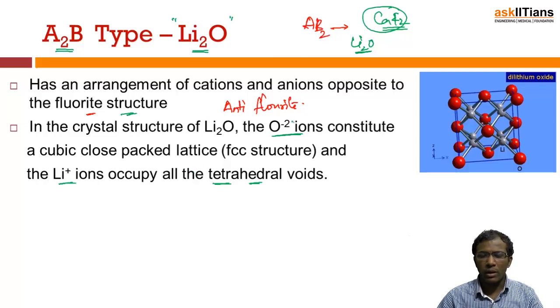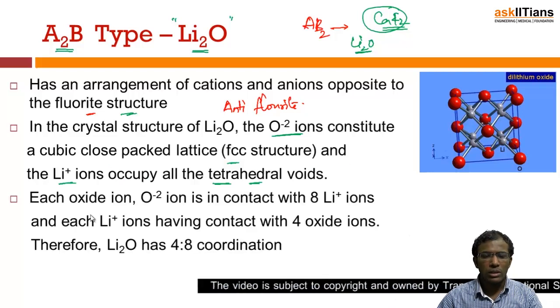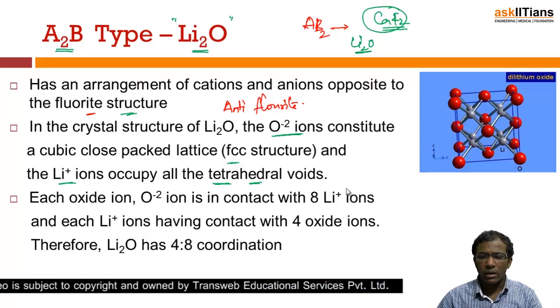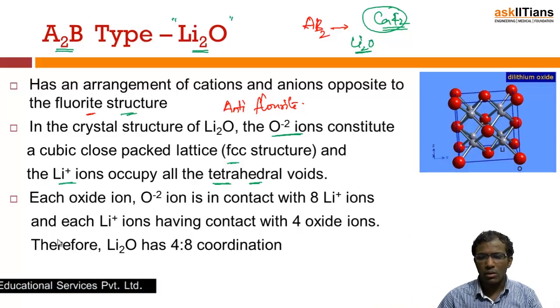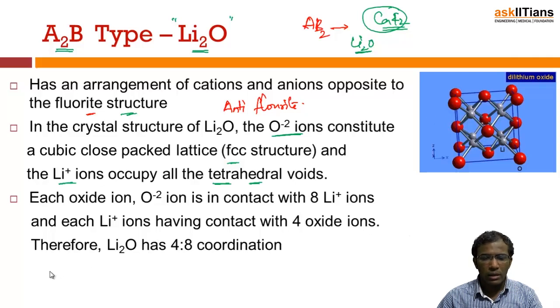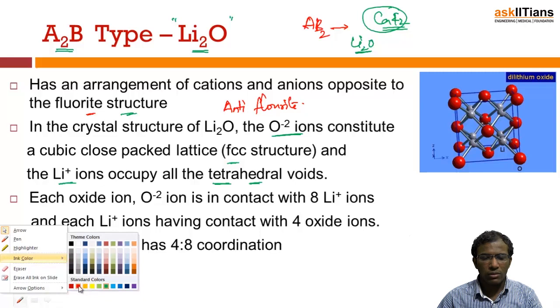So oxide ions are occupying the FCC structure, that is, the red ones are oxide ions which are present at all the corners as well as the face centers, and the lithium ions are occupying all the tetrahedral voids or tetrahedral holes. Each oxide ion is in contact with 8 lithium ions, and each lithium ion occupying the tetrahedral site is in contact with only 4 oxide ions.